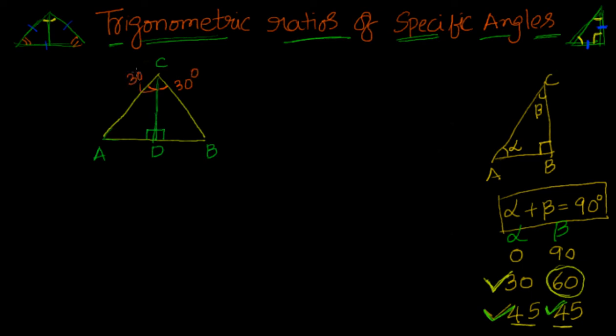Both of them are equal to 30 degrees. You know this is already 60, this is 60. You also know that these sides are equal. That means this is x, this is x. AB is also equal to x. That means this becomes x by 2 and this becomes x by 2. Are you with me here?